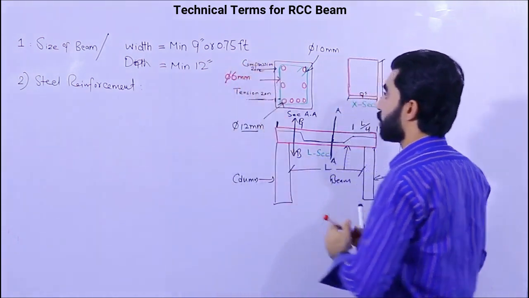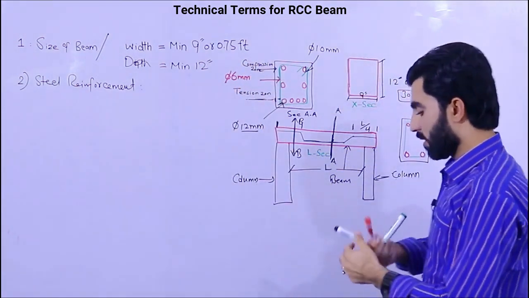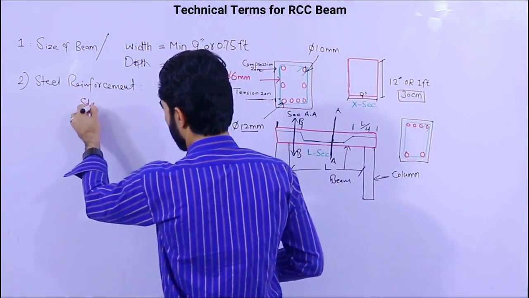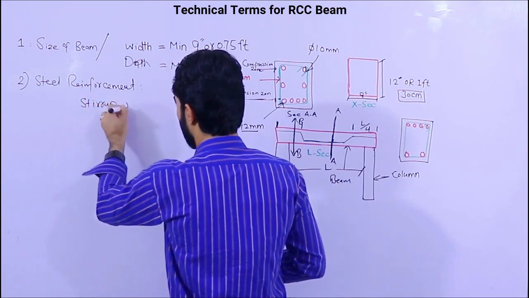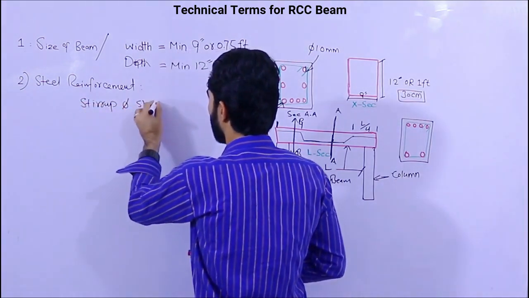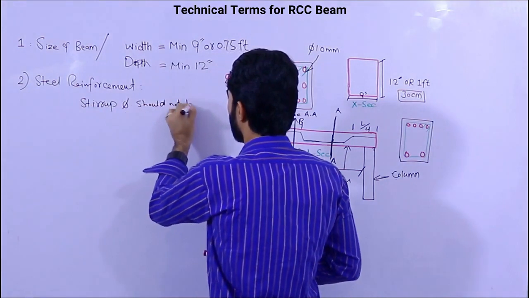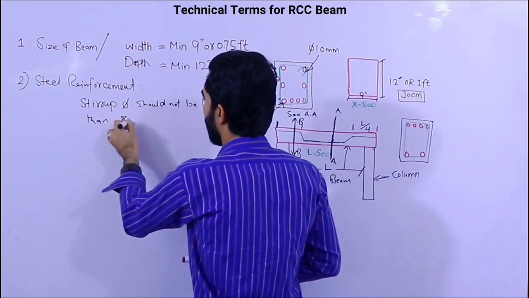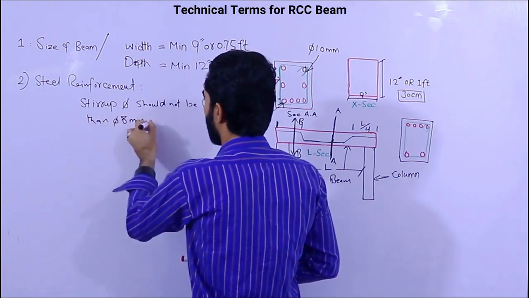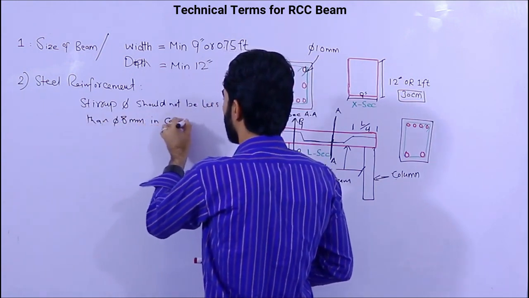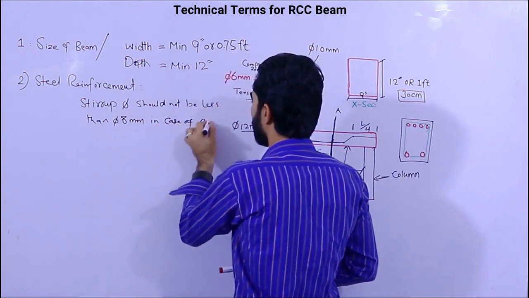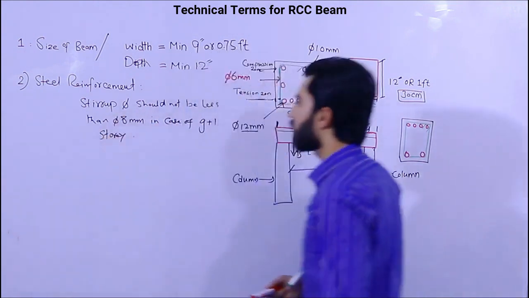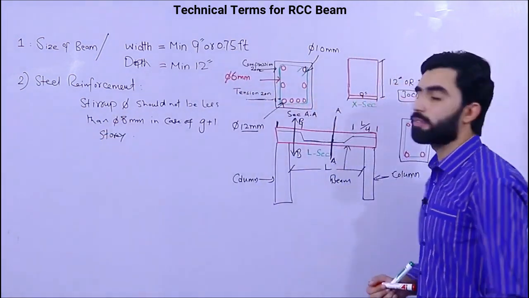But I recommend that the stirrup dia should not be less than 8 mm in the case of a G plus 1 story. Normally you can use 8 mm dia of steel rod.